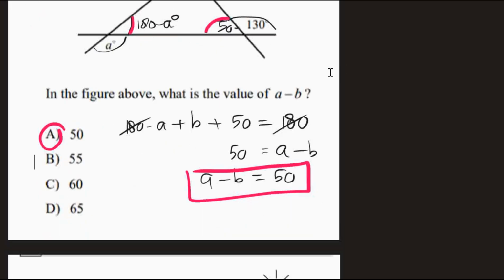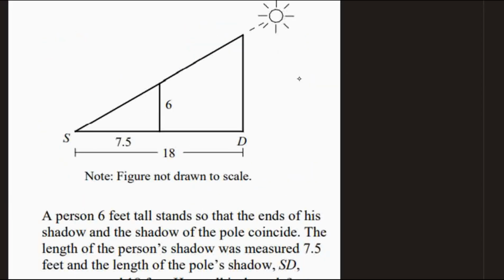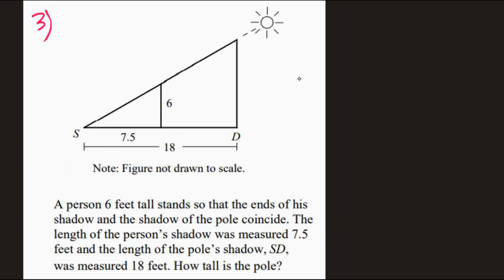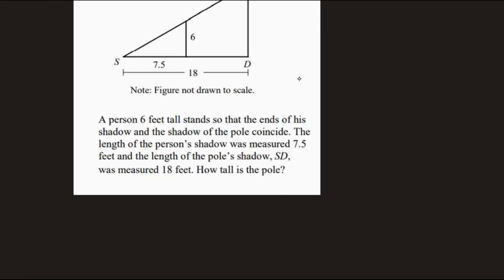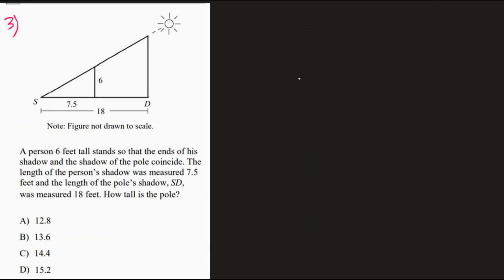Go to number 3. There is a multiple choice question for this one. A person 6 feet tall stands so that the ends of his shadow and the shadow of the pole coincide.